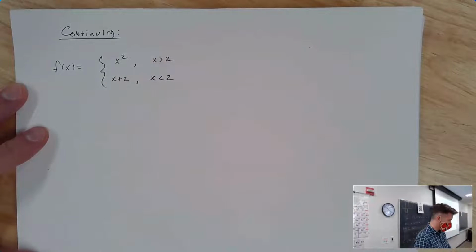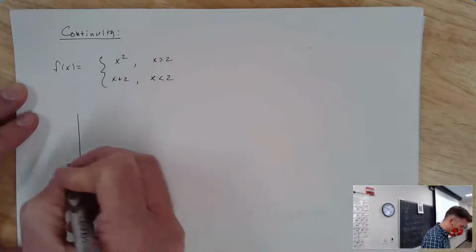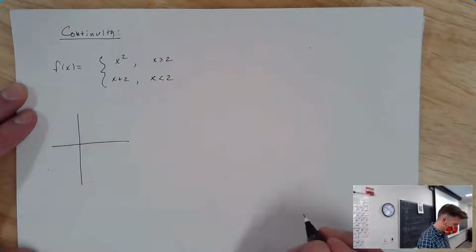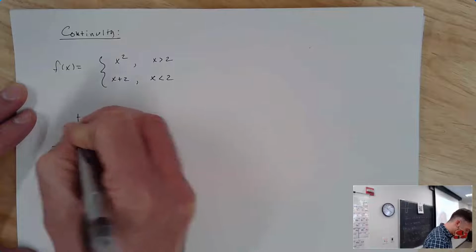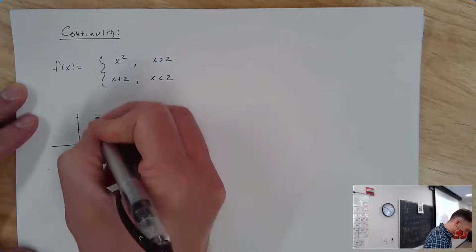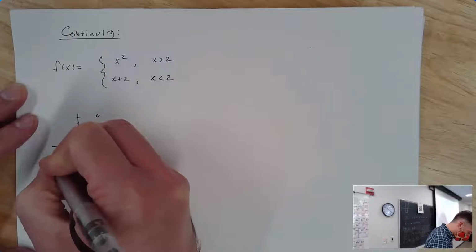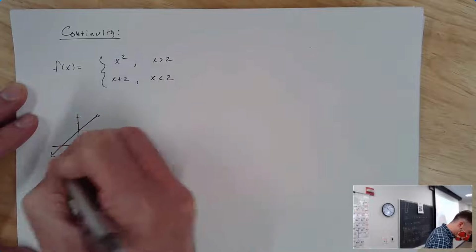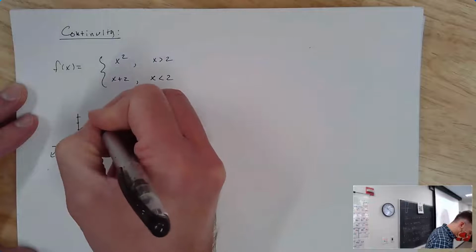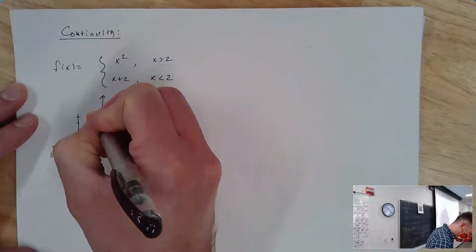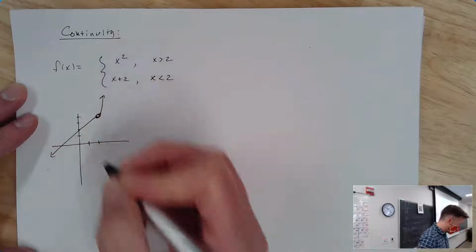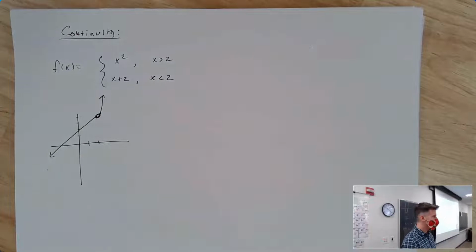Here's a function, f of x equal to x squared when x is greater than 2, equal to x plus 2 when x is less than 2. So it looks kind of like this, and then like that. And if only it were defined there, it would actually be continuous, but it's not.